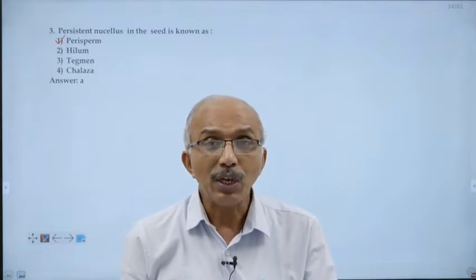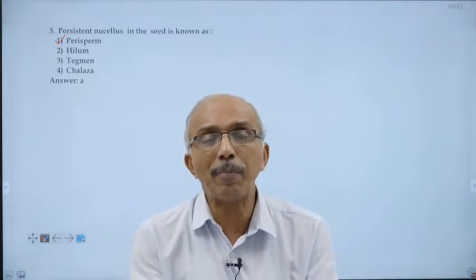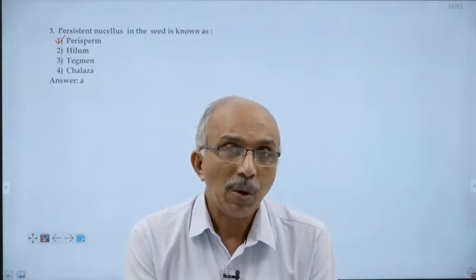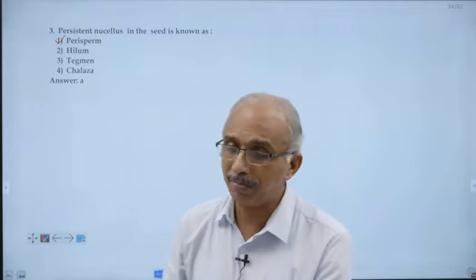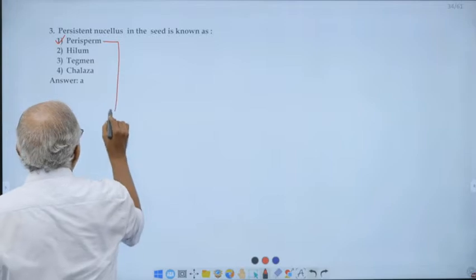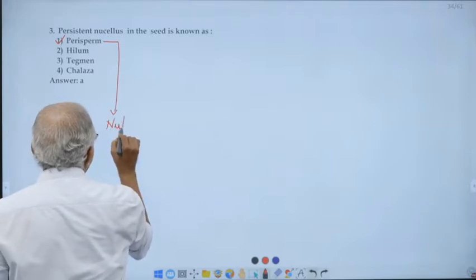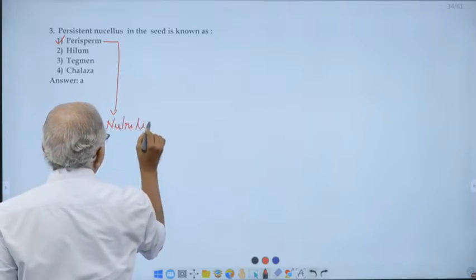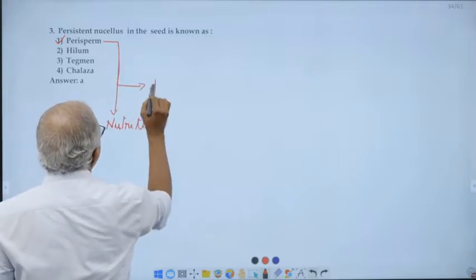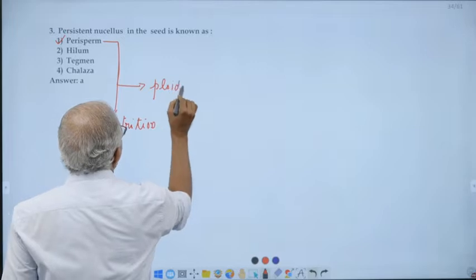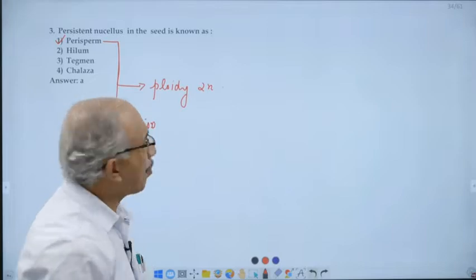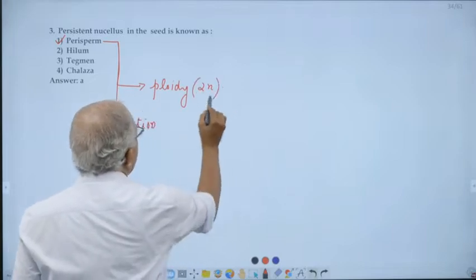It gives nutrition to the developing embryo. What is the ploidy of perisperm? The ploidy of perisperm is diploid.